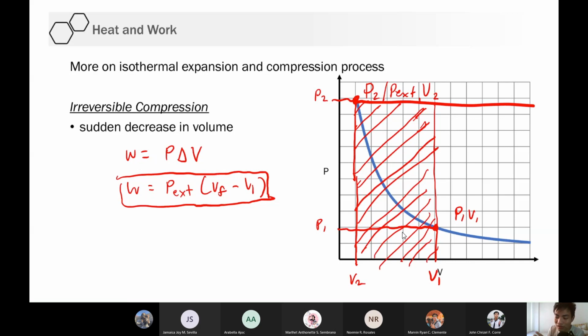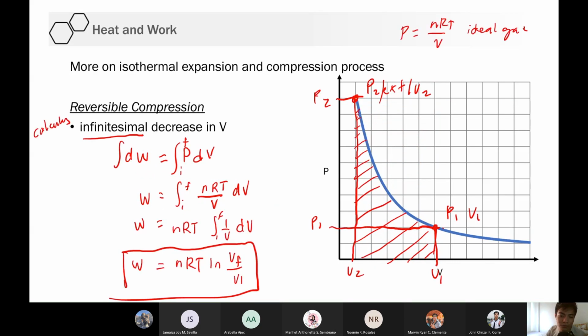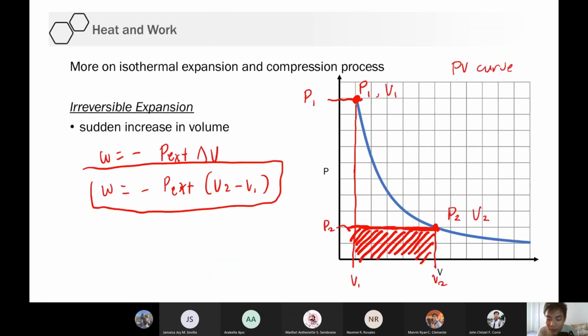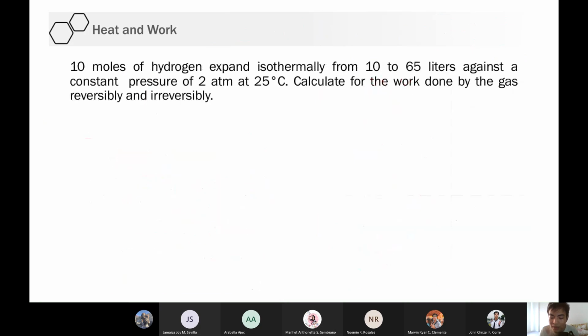Unlike kapag hayaan mo lang siya, smooth lang ang flow. Matagal nga lang. Pero at least hindi ka mag-e-effort masyado. Okay? And this is also a proof that work is indeed a path function. Kasi magkakaiba value niya depending on the process.